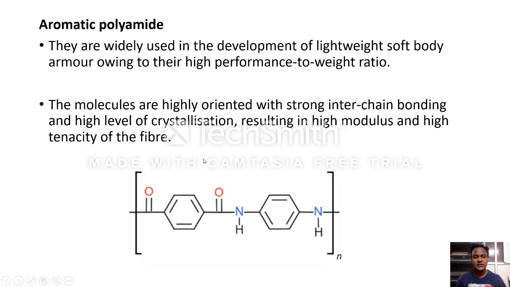Here, if you see the structure, you can see the aromaticity, how the amide groups are connected by the benzene rings. So here it has a high orientation. The molecules are highly oriented with strong intermolecular hydrogen bonding, and it offers a high level of crystallization resulting in high modulus and high tenacity.